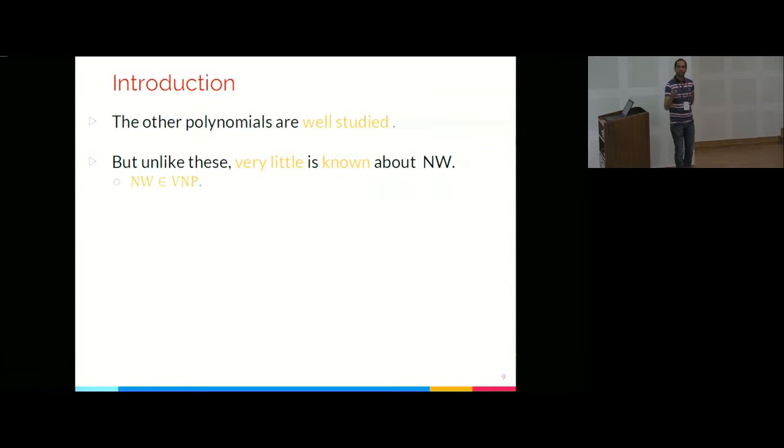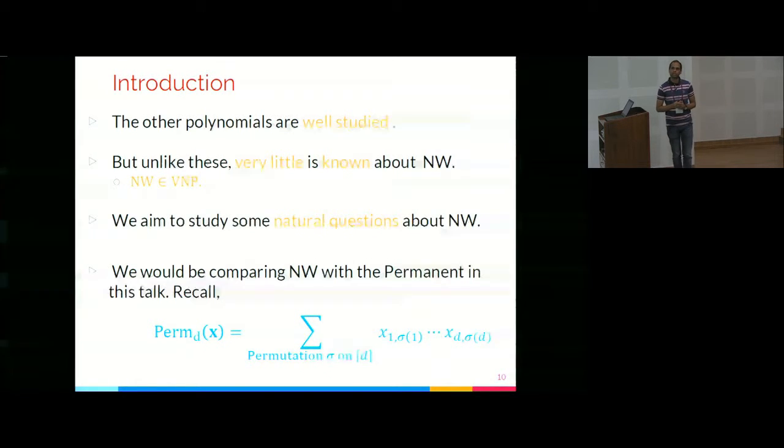One thing that is known and can be checked easily is that this polynomial is in the class VNP. In this project, we aim to study some natural questions about our design polynomial, and I'll come to what these questions are. Just a remark that throughout this talk, I will be comparing the results of design polynomials with the results of the permanent. For the sake of completeness, recall that the permanent looks like this, where each monomial comes from a permutation on the set T.